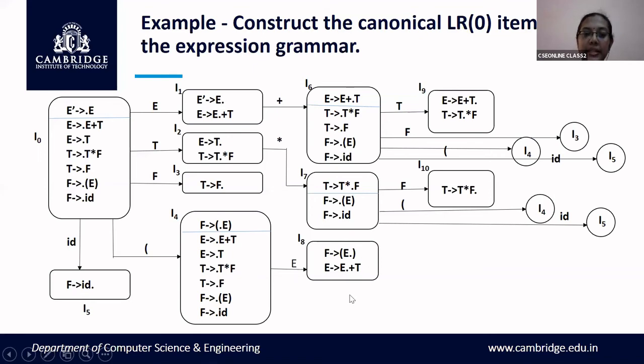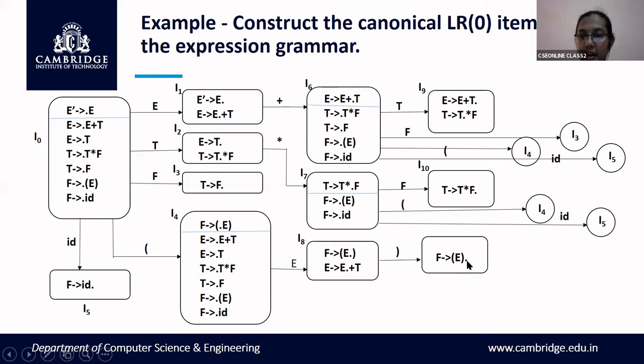Okay. Next, coming to the state I8. In I8, again I have two different productions. One is F derives, open parenthesis, E dot and close parenthesis. Now I can move dot one position towards the right, on close parenthesis. F derives, open parenthesis, E, close parenthesis, dot.